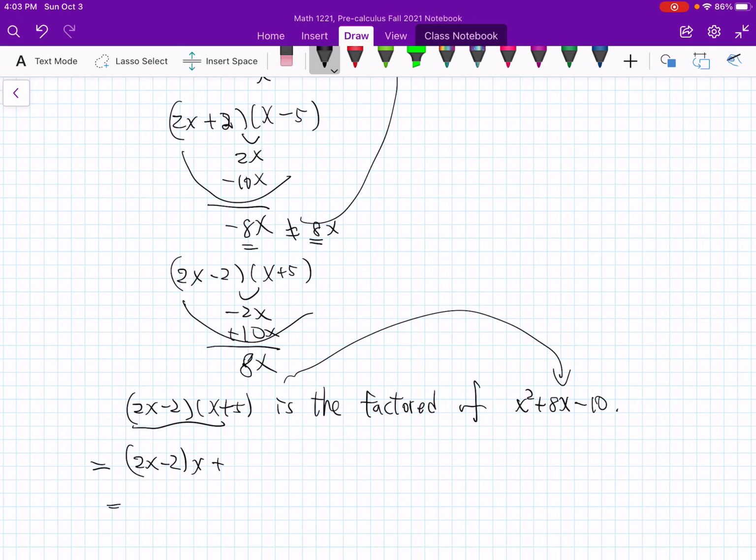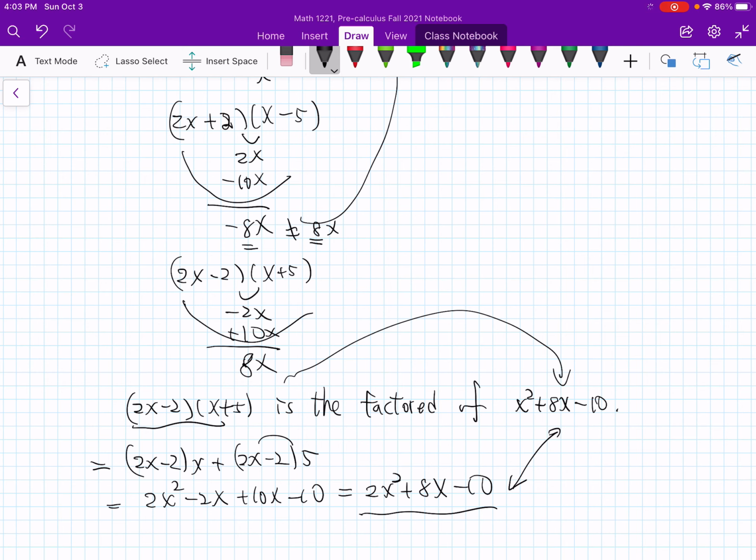That gives you 2x squared minus 2x, and plus 10x minus 10. That's equal to 2x squared plus 8x minus 10. So we verified that. That's indeed the factor form.